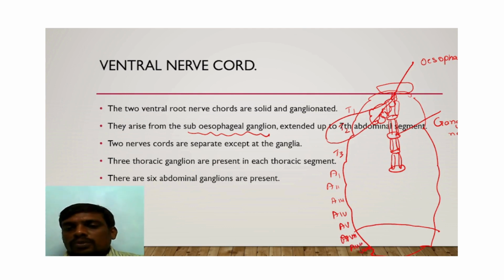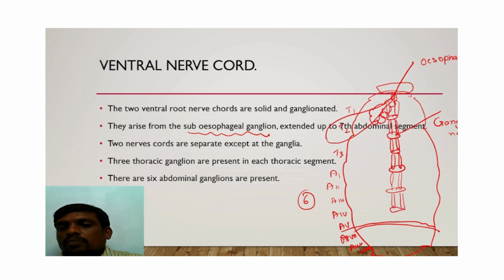So up to 6 we have to take. The first 3 thoracic ganglia are present in the thoracic region, and the 6 abdominal ganglia are located in the abdominal region.